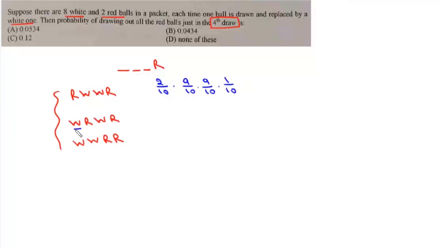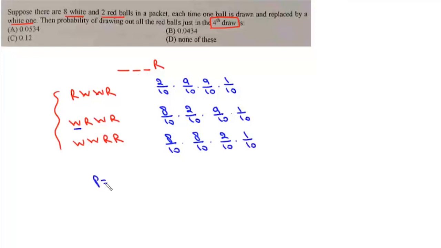Now here the first one is white, so it will be 8 by 10. Now the second one is red, so it will be 2 by 10. Now we'll have 9 white and 1 red, so it will be 9 by 10 into 1 by 10. Now this white is 8 by 10 into 8 by 10. Here it is 2 by 10 and here it is 1 by 10.